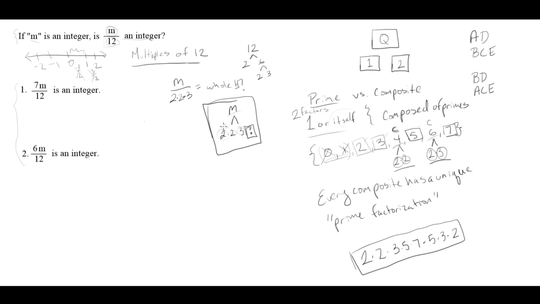If we know that there's only one 2 and not two 2's, then we could say no. M over 12 is not an integer because only one 2 will cancel, and we'll be left with at least one 2 on the bottom, giving us a fraction. Okay, so that's the first step to success on the data sufficiency questions, is finding out the real question.